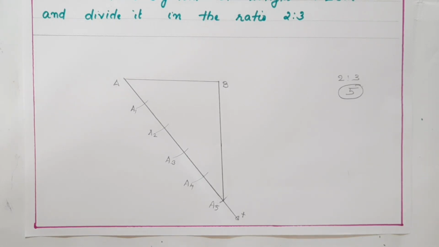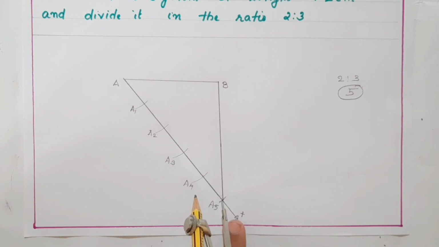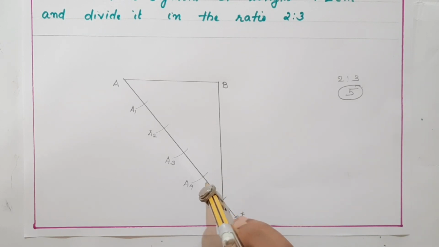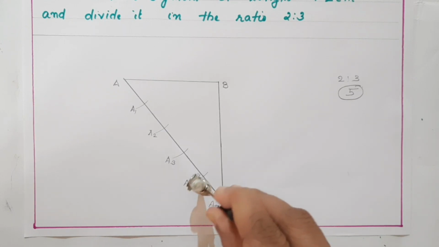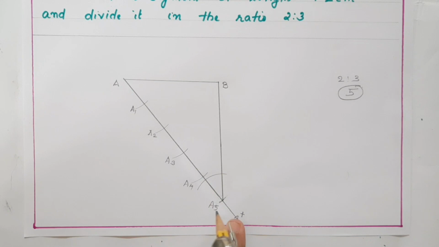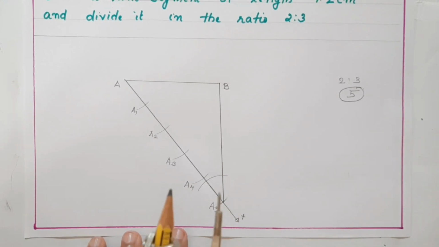For that we have to fix the compass at A5. Okay. At A5, then take a suitable radius. You can choose any radius and draw an arc like this. Okay, then now you should not change the radius.